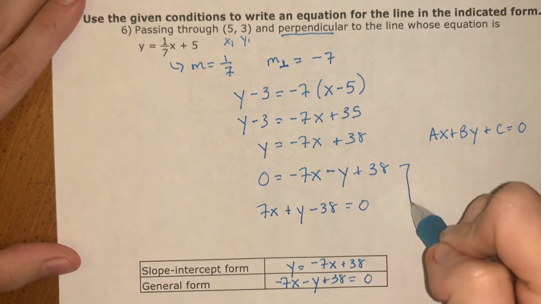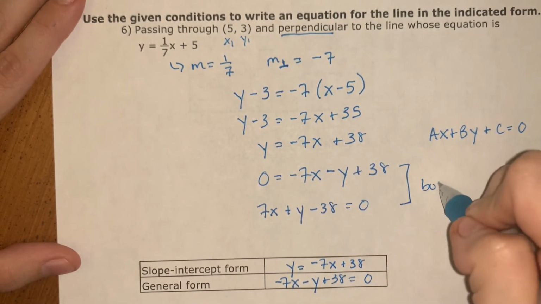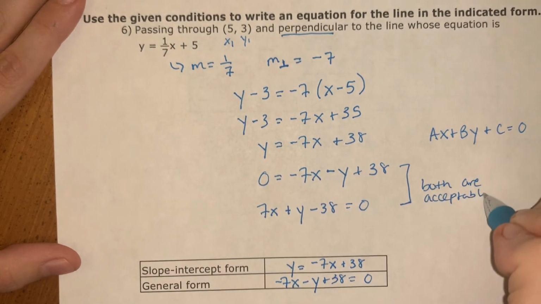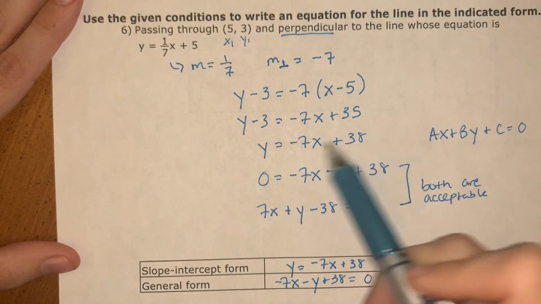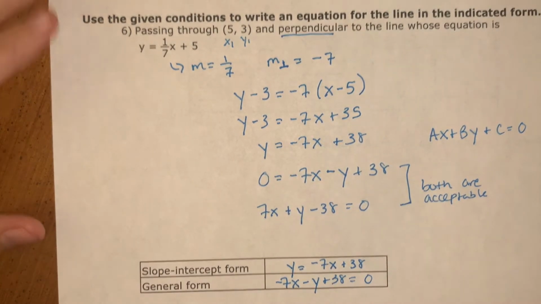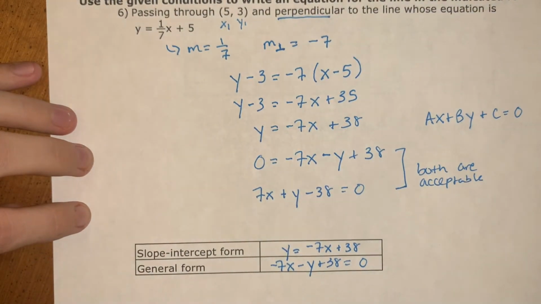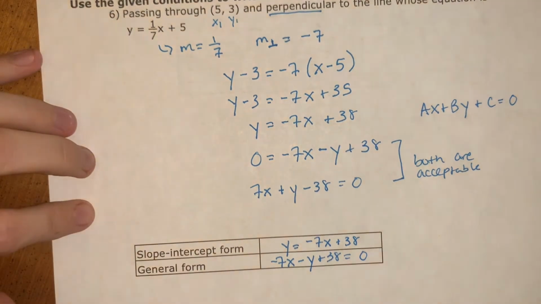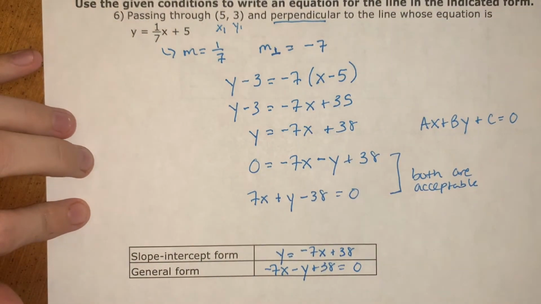So both of these are acceptable. It just depends whether you move this guy to the left or move the y over to the right. And my MyMathLab should recognize both versions.